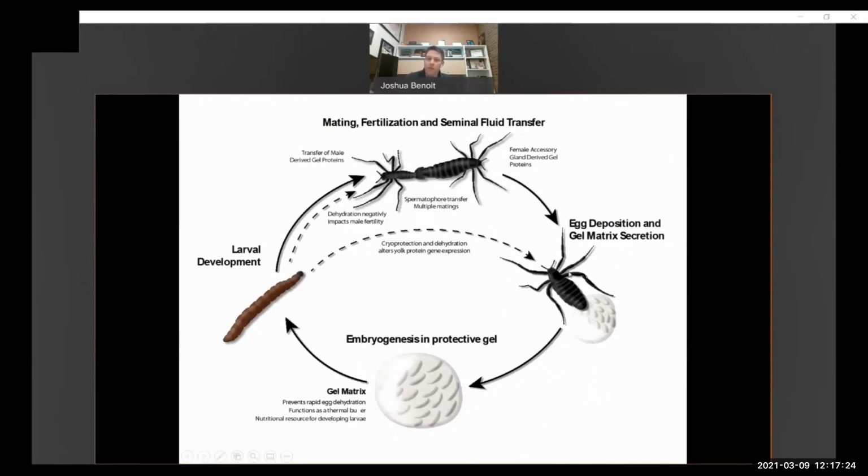It's made within the larva, within female organs other than the female accessory gland, and within the female accessory gland. It prevents egg dehydration, functions as a thermal buffer, and acts as a nutrient resource for the developing larva. So there are a few different things that this does in ensuring the viability of these eggs developing.